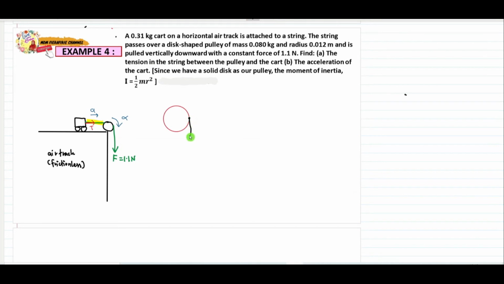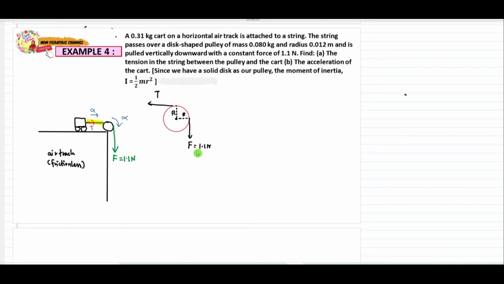This is F1, which is 1.1 Newton, straightly downward. Let's try to draw it again. And then on the pulley itself, we have the second one, which is tension T. This is the radius R.